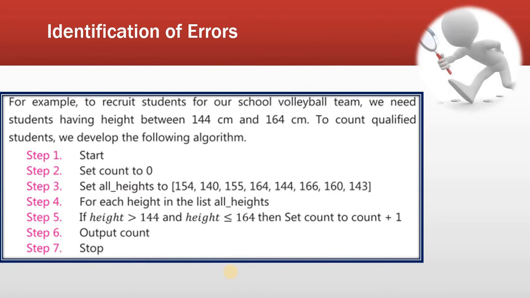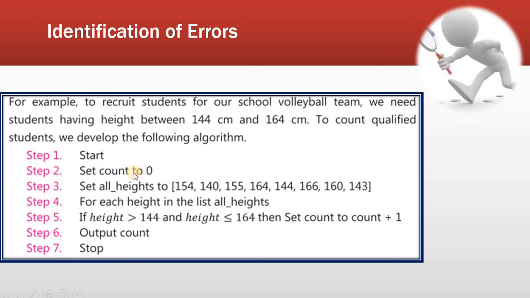So, identification of errors. For example, to recruit students for our school volleyball team, we need students having height between 144 centimeters and 164 centimeters. So how are we going to solve this problem? We write an algorithm.